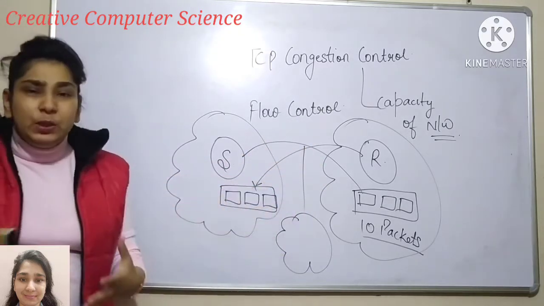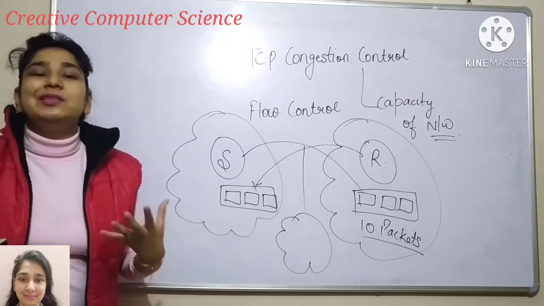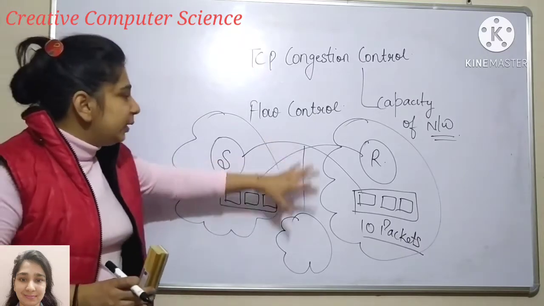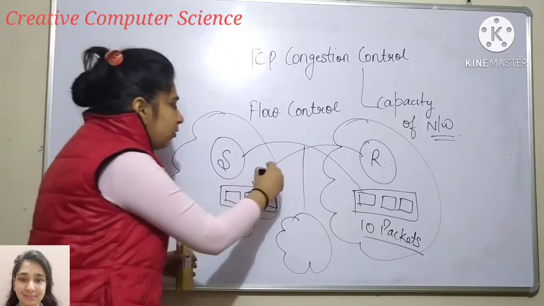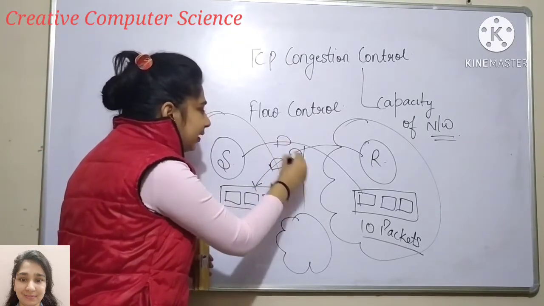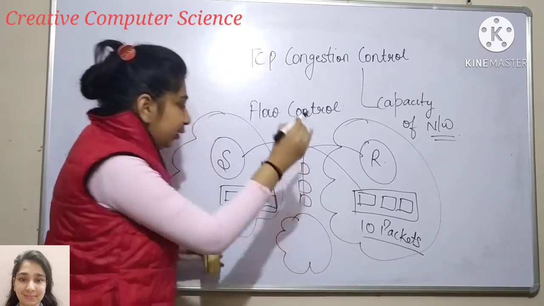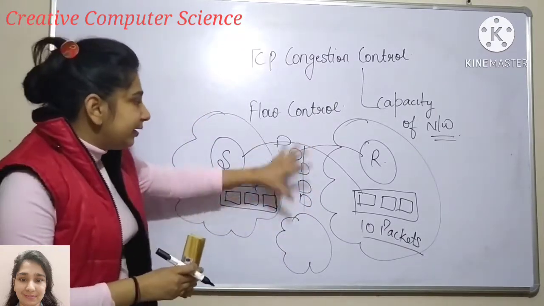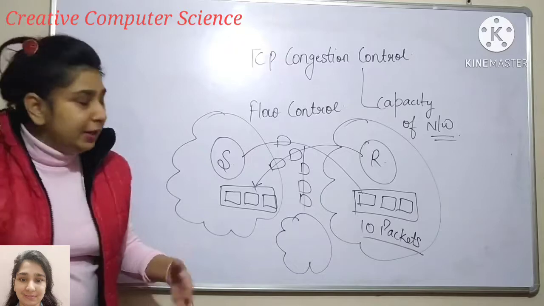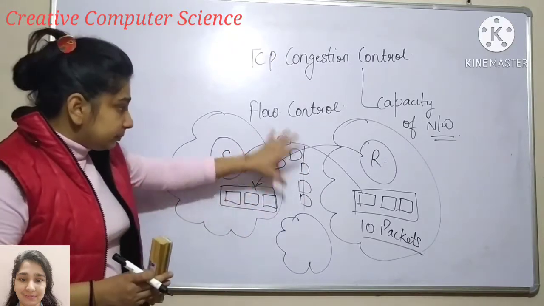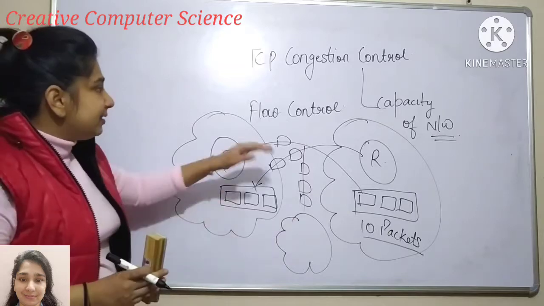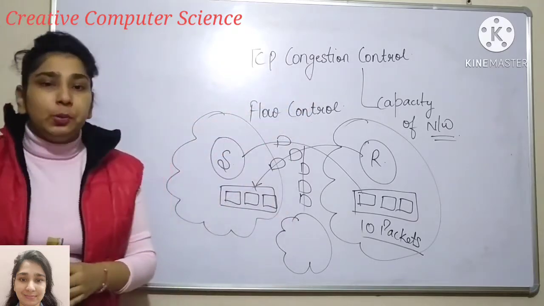Our network is going to be very congested, very jammed. Lots of messages are present on the internet, so there is a chance that our network might get congested or jammed. So that is congestion control.